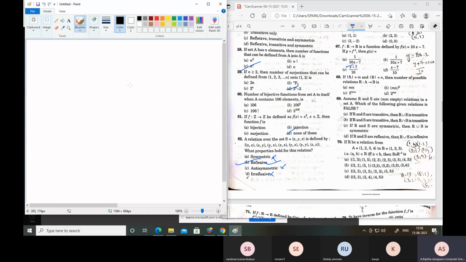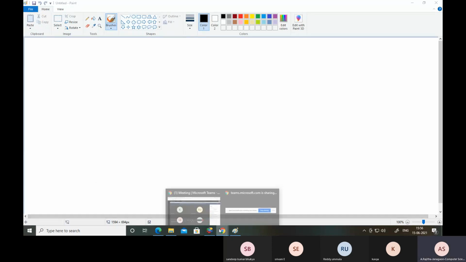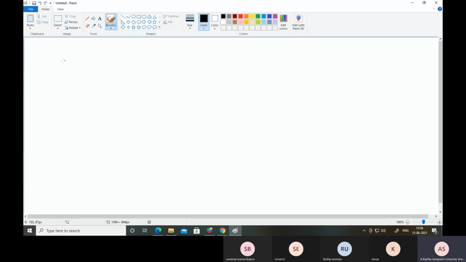The question is like this. Suppose a equal to -2, -1, 0, 1, 2, like this, and b equal to 0, 1, 4.